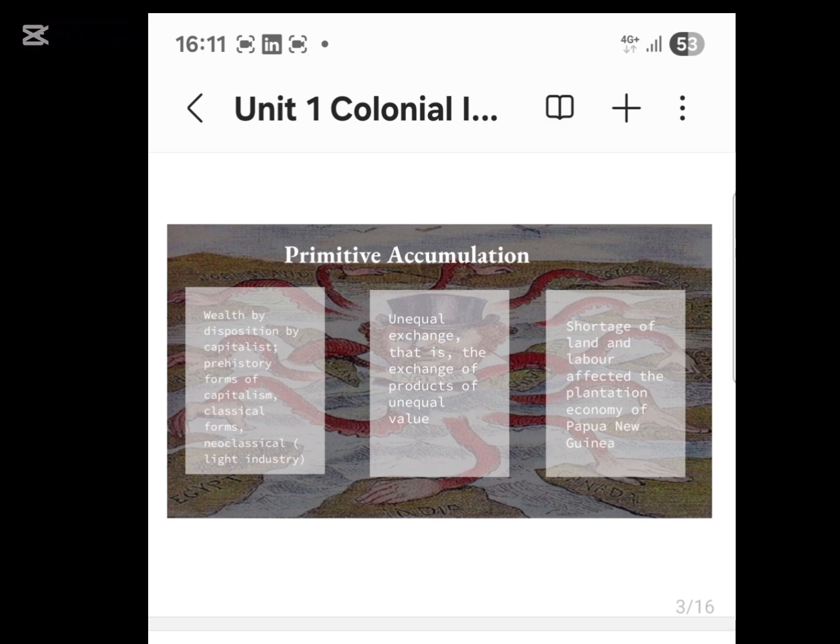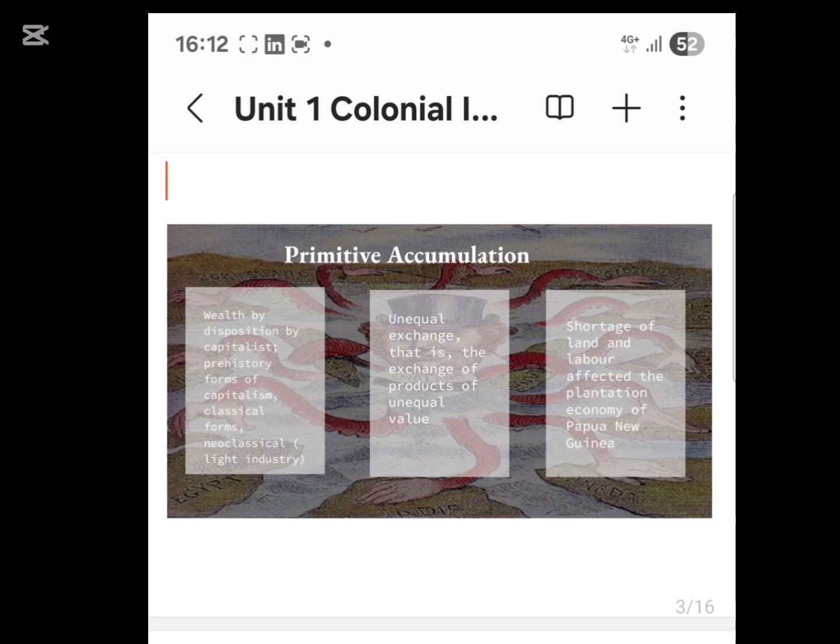First of all, they were having issues with shortage of land and labor. You look at Papua New Guinea, you look at the islands, you look at the coastal regions, there are issues or challenges of land. Okay, there is no arable land enough to have, let's say, massive agricultural or plantation development during the time.